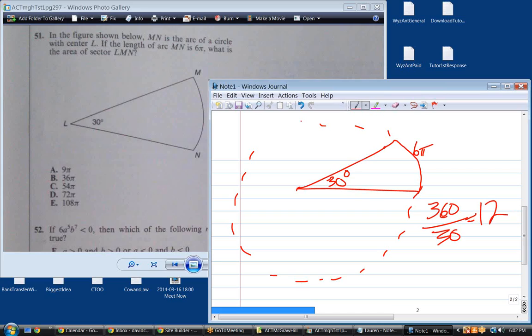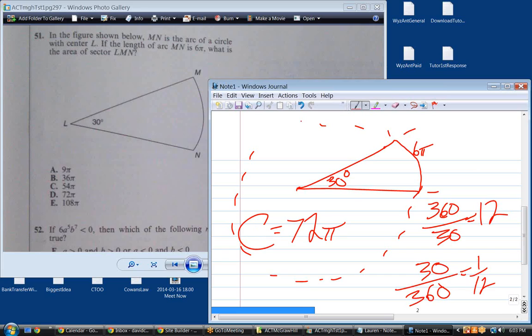The circumference of this circle is going to be 12 times bigger than the length of this arc because the circle has an angle of 360 degrees, not just 30. So the ratio is 30 to 360, or 1/12. So this arc is 1/12 of the total circumference. So that allows us to come up with 72 pi as the circumference of the circle.